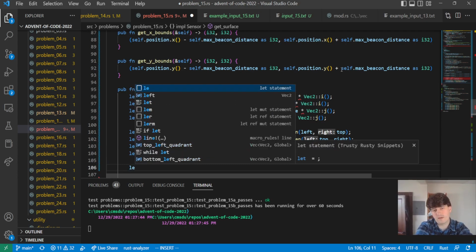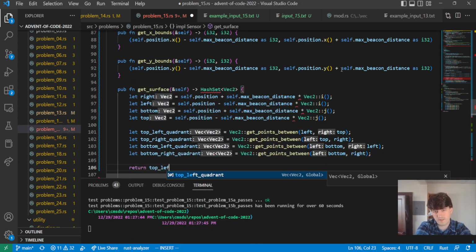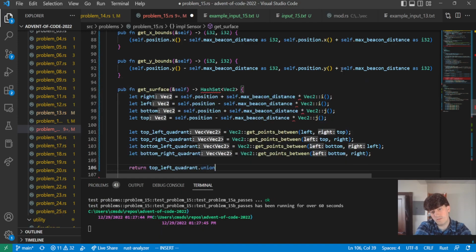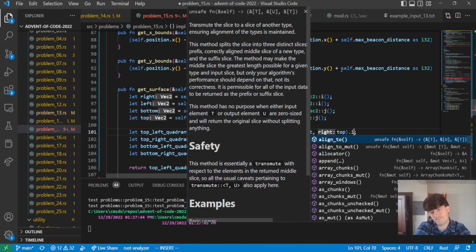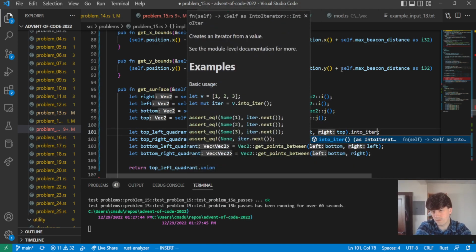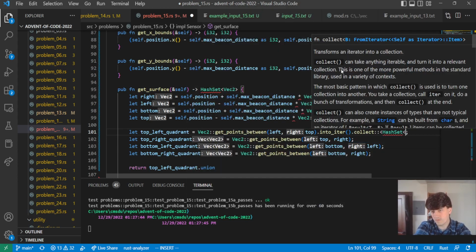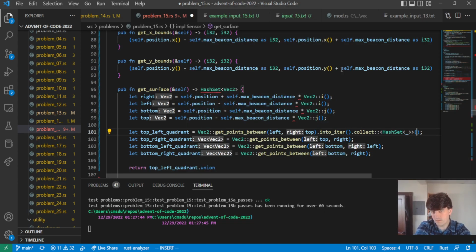So I think we can just say top left quadrant dot union. Oh, why are these vecs? So something like that.